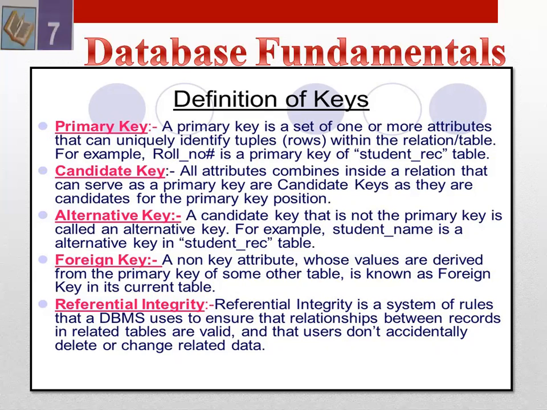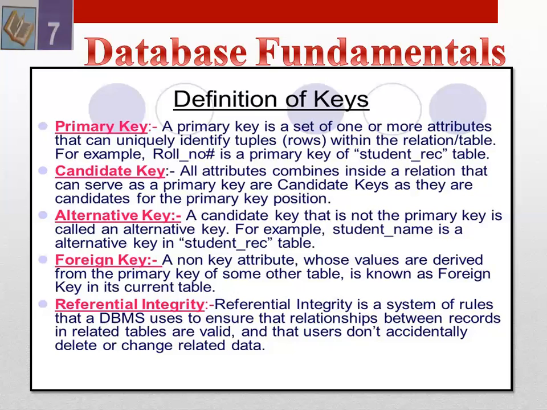Alternative key: a candidate key that is not the primary key is called an alternative key. For example, student name is an alternative key in the students record table. Foreign key: a non-key attribute whose values are derived from the primary key of some other table is known as a foreign key in its current table.